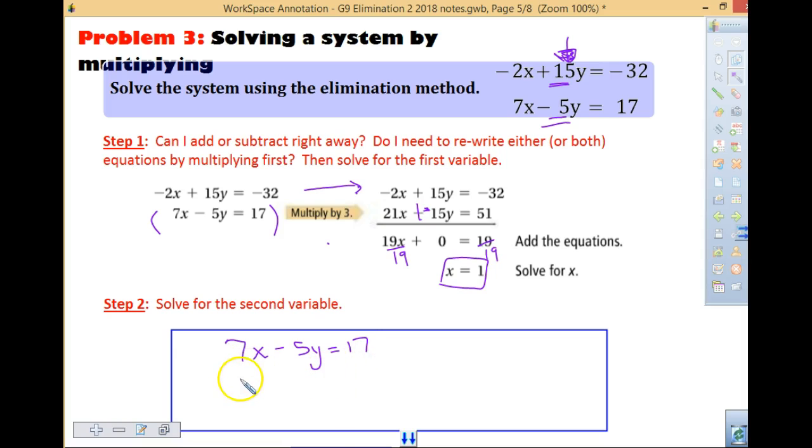We are replacing the x with 1. So 7 times 1 is just going to be 7. Minus 5y equals 17. If it helps you, you can put in the times 1, but 7 times 1 is 7. We're going to subtract 7.